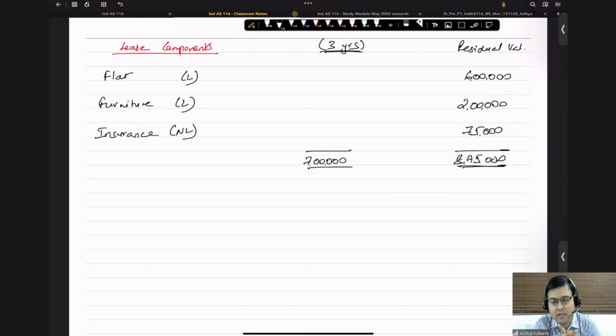Whom will it compensate, the lessee who is a tenant, or the lessor who is the owner? It will compensate the owner, not the tenant, because the tenant is not the owner. So the ultimate beneficiary of this insurance is the lessor, not the lessee. वो एक बहाना था to allocate the cost to the insurance, but you are not going to benefit.